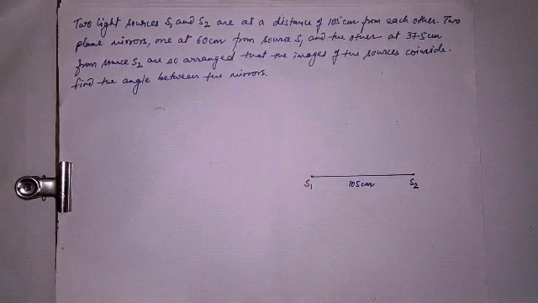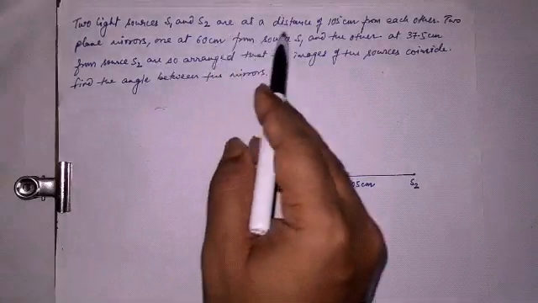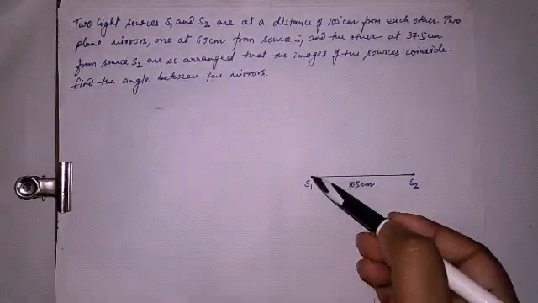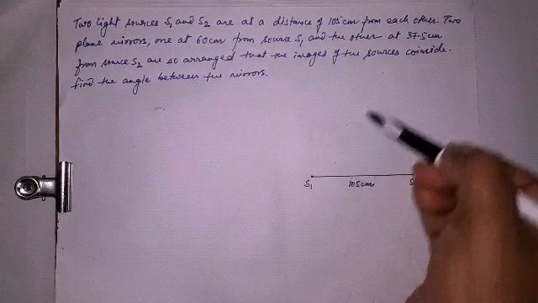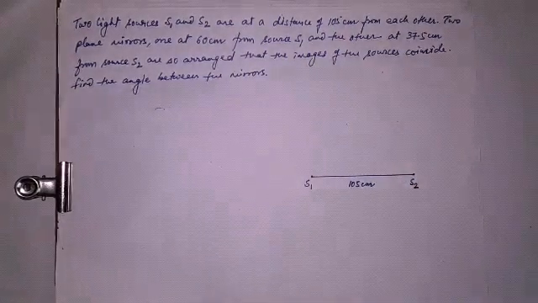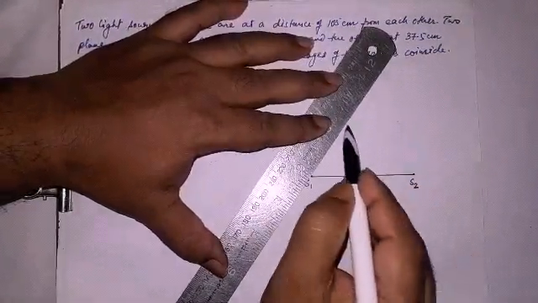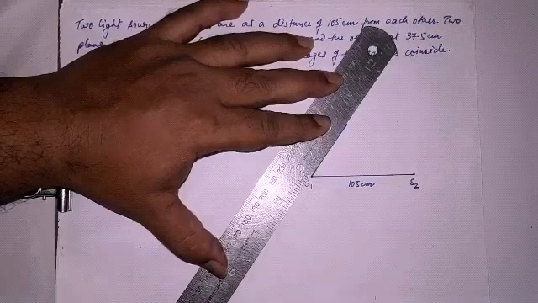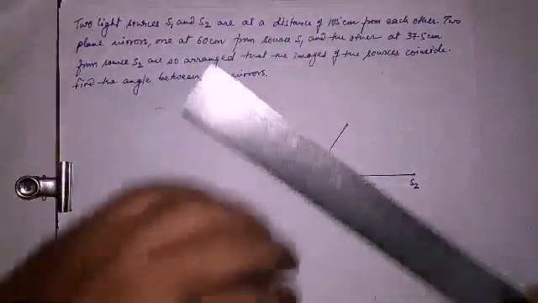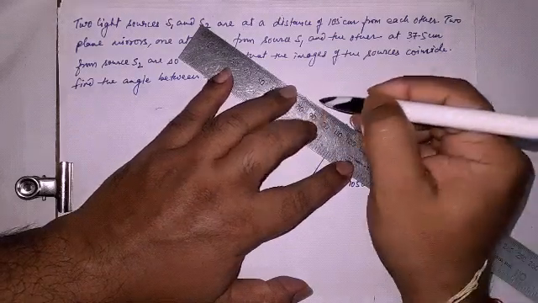Now it is said that two plane mirrors, one at 60 centimeter from source S1. From this source S1, light is traveling in this way. A mirror is placed around at 60 centimeters. Let us draw the ray like this, and definitely the mirror will be placed in this way.